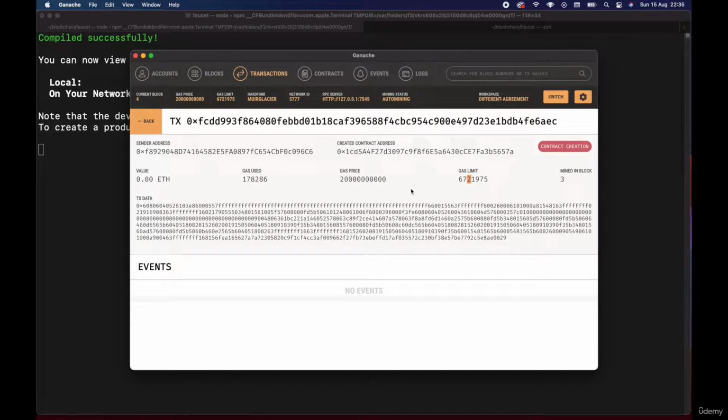Of course, sometimes you will overpay for a transaction, but you're actually only paying for the gas that has been used. If your transaction takes less gas, the rest of the Ether you paid for the gas will be returned back to the transaction initiator.